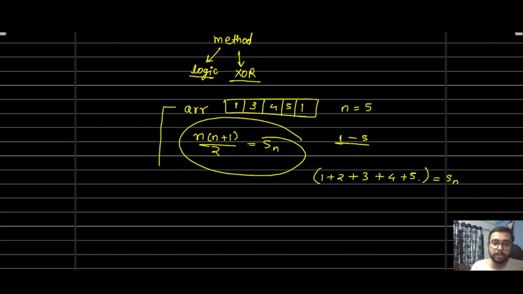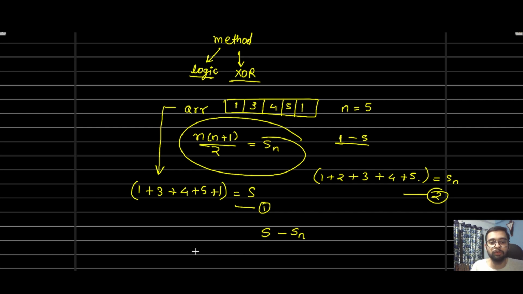And we'll take the sum of the array elements, that is 1 plus 3 plus 4 plus 5 plus 1, which equals S. Subtracting these two equations, equation 1 and equation 2, we get S minus Sn.